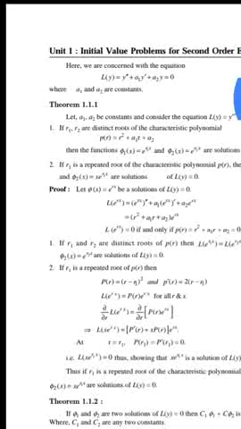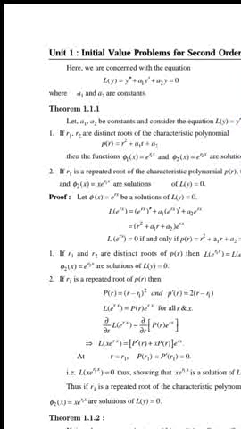Proof. Now see here, let phi of x is equal to e raised to rx be a solution of L of y is equal to 0. Therefore, L of e raised to rx is equal to e raised to rx second derivative plus a1 e raised to rx first derivative plus a2 e raised to rx.